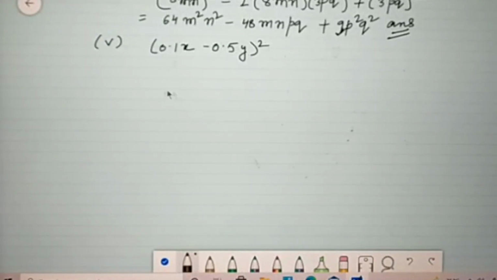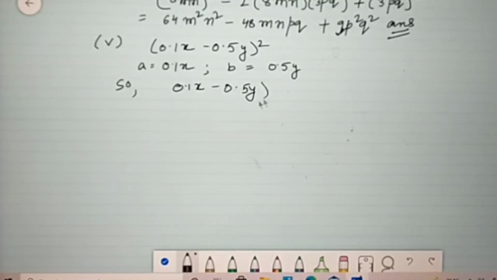Now again we have (0.1x - 0.5y) whole square. So what is a here? a is 0.1x, a means the first term, and b is 0.5y. So the expansion is a square minus 2ab plus b square, as it is (a - b) whole square. So let's put in the formula. So we have (0.1x - 0.5y) whole square.